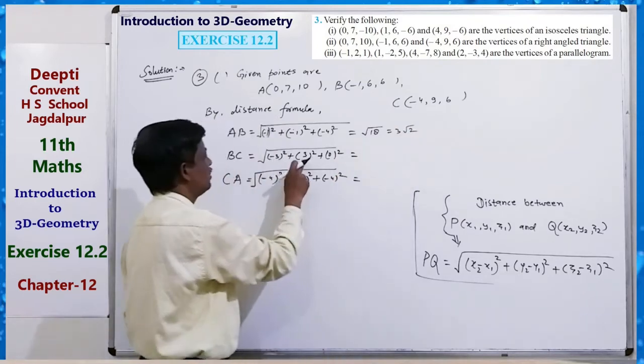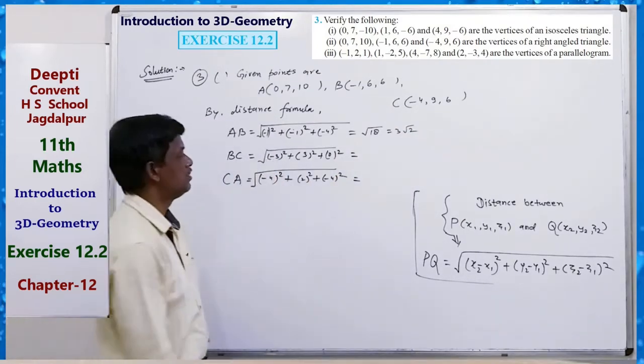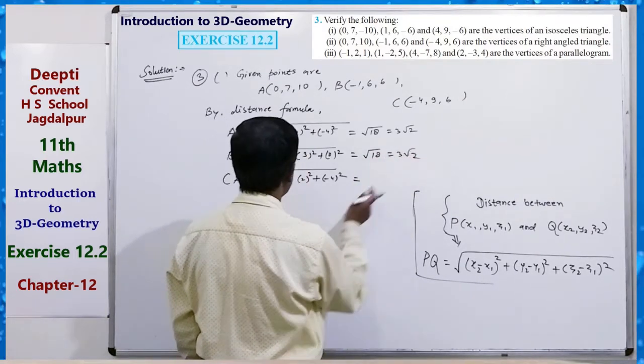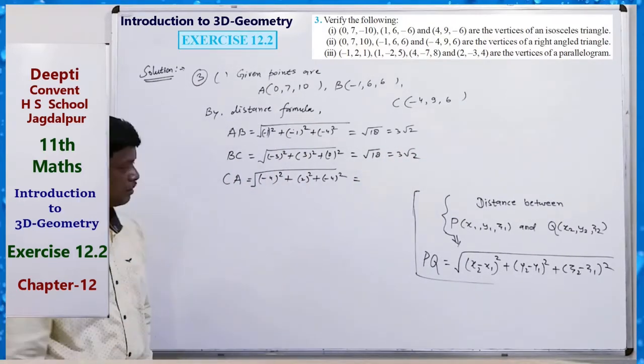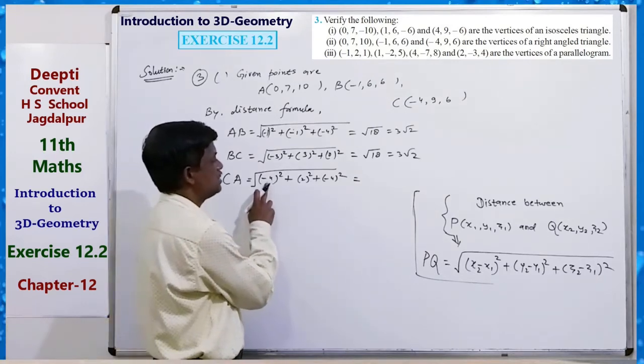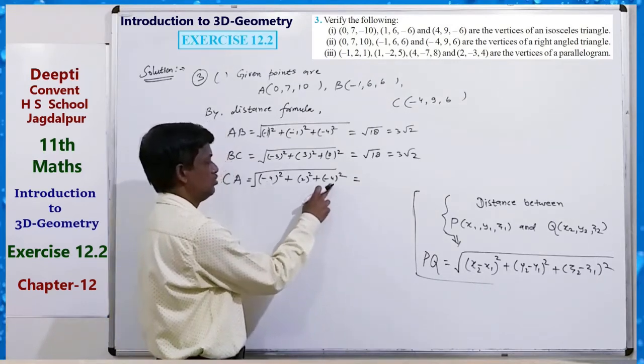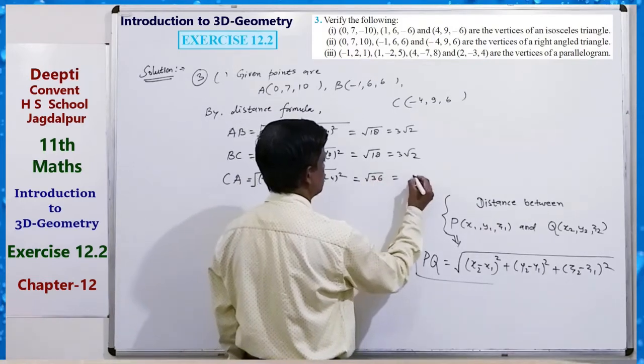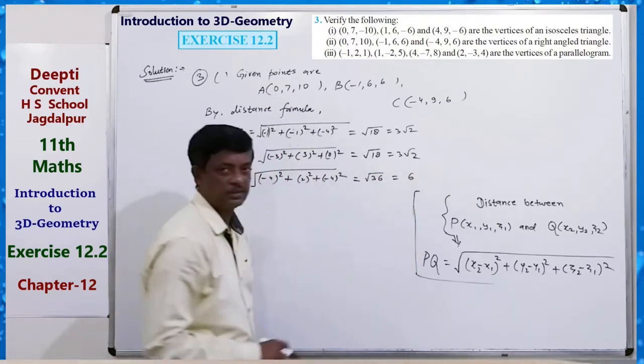And here 9, 9, 18, root 18, 3 root 2. And also here 16 plus 16, 32, 36, root of 36 is equal to 6.